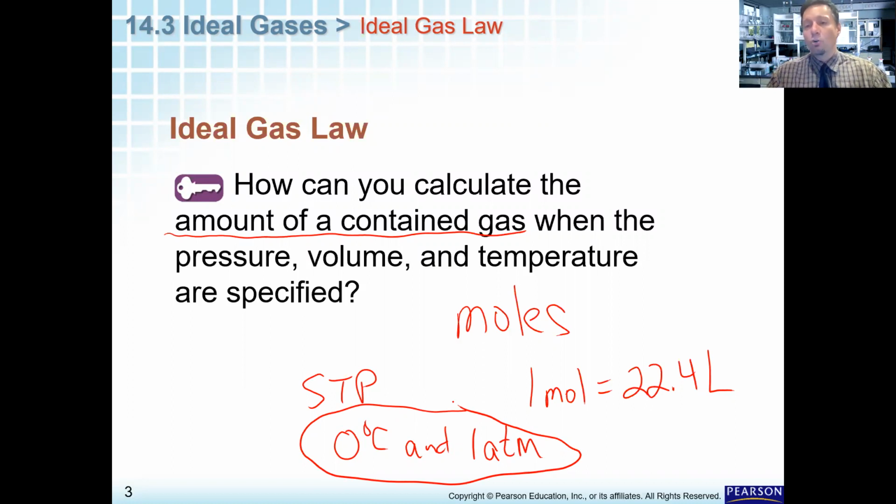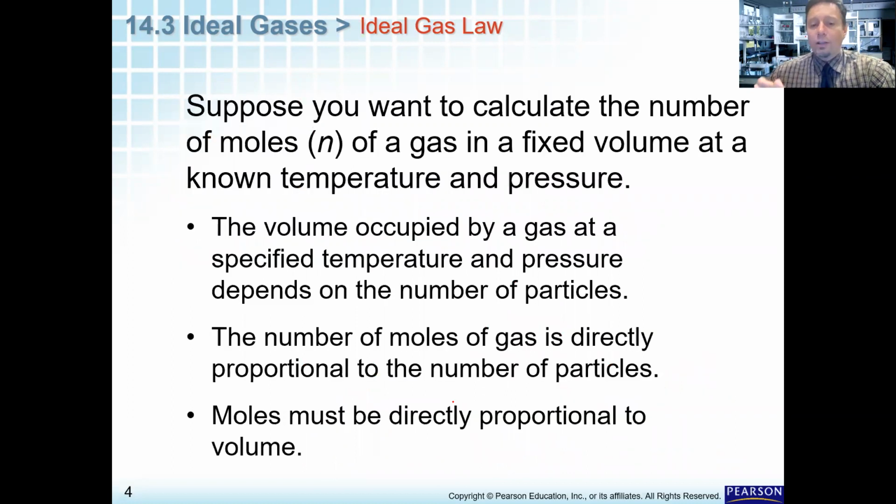We could calculate molar mass, we could calculate mass, we could calculate density off of this same formula. We're not going to go that far in depth. We're going to stay at the surface level and learn how to calculate it. We're going to look at several examples today. So quickly going through this, I'm not going to spend a great deal of time looking at exactly how they derived it, but I am going to at least go through this process.